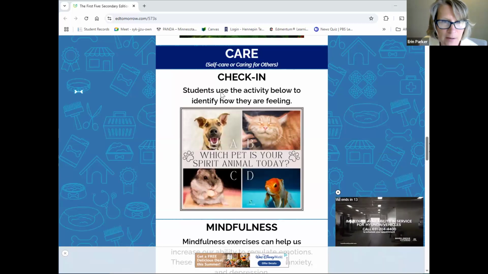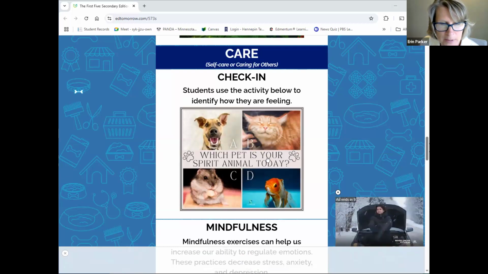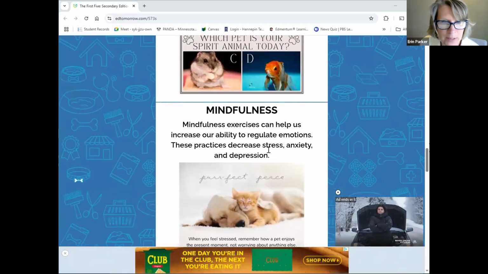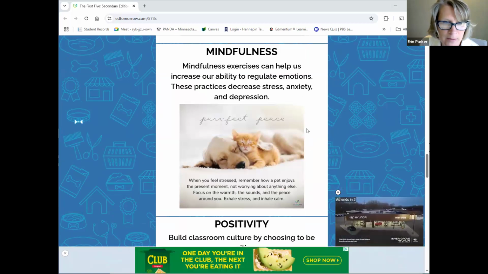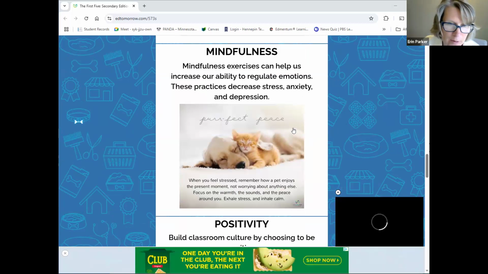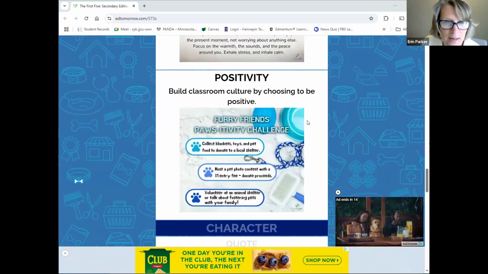Here's a cute one with check-ins: which pet is your spirit animal today? Mindfulness exercises: remember how a pet enjoys the present moment, not worrying. Very nice. I like it.